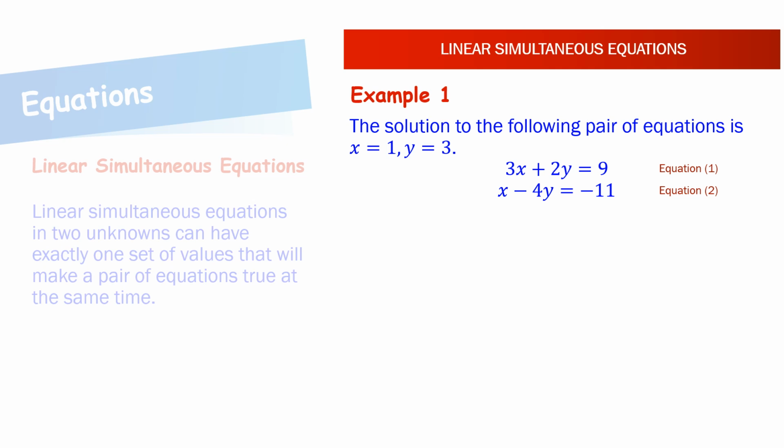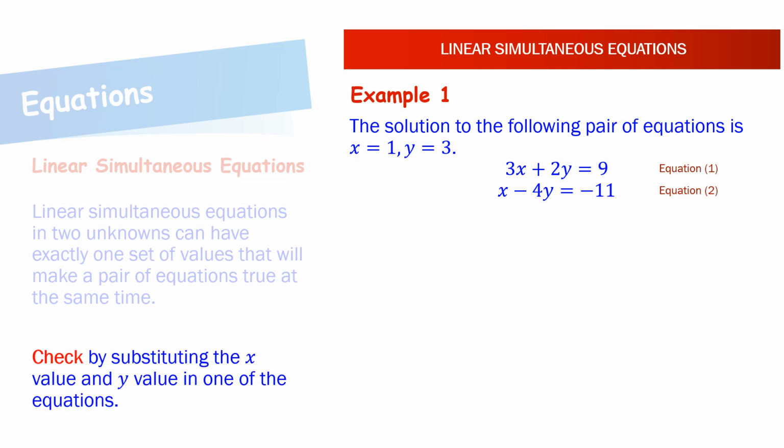Let's take a look at an example. The solution to the following pair of equations, which is shown on your screen, is x equals 1 and y equals 3. Let's check this by substituting the x value and the y value in one of the equations.